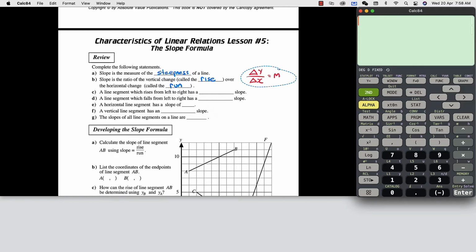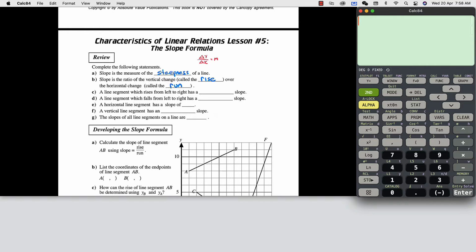Okay, a line segment is going to be either positive or negative, so its slope is going to be positive or negative, and we always come from the left and then determine if it's going upwards or downwards from that point.